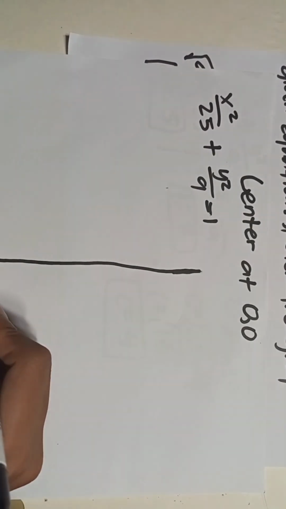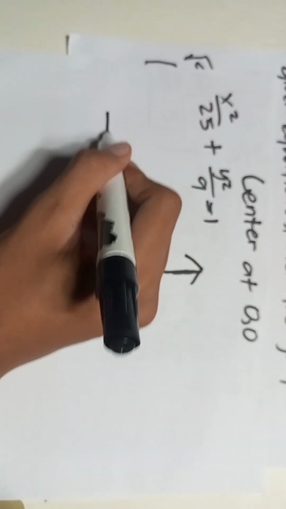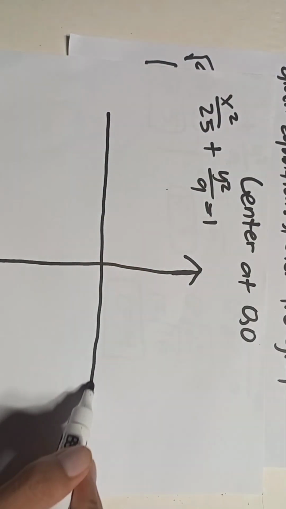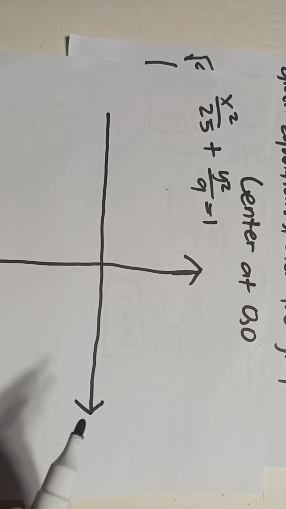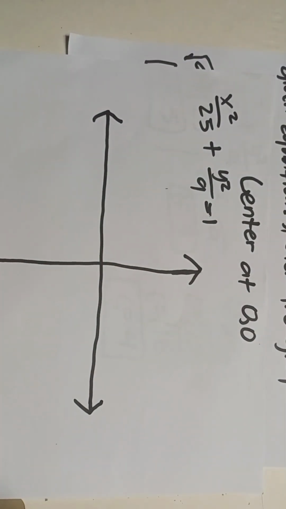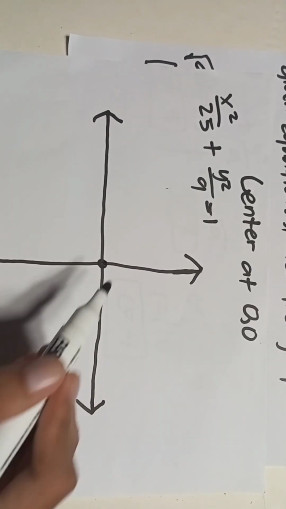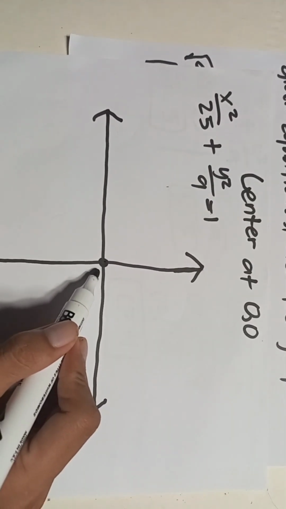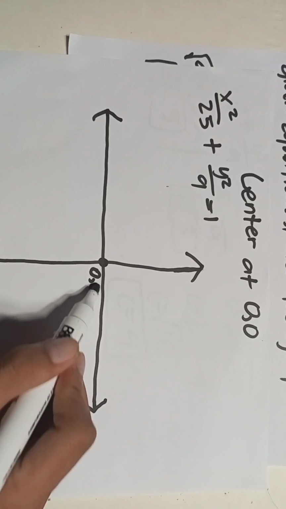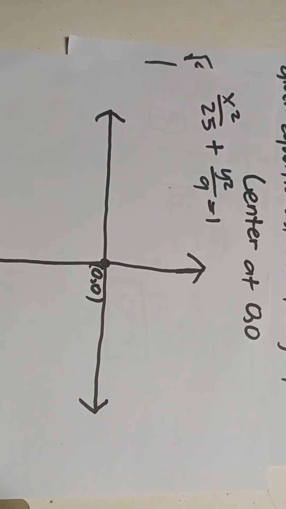Sorry for the not straight line. First, we identify our center, which is at 0, 0. This is our center.